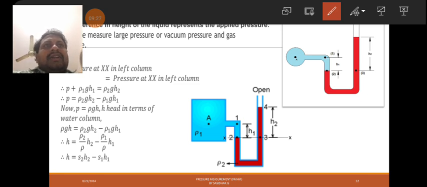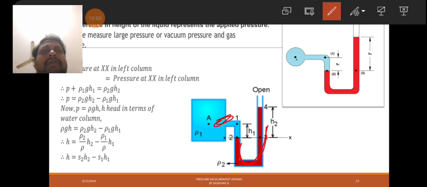The tube generally contains mercury or any other liquid whose specific gravity is greater than the specific gravity of the liquid whose pressure is to be measured.